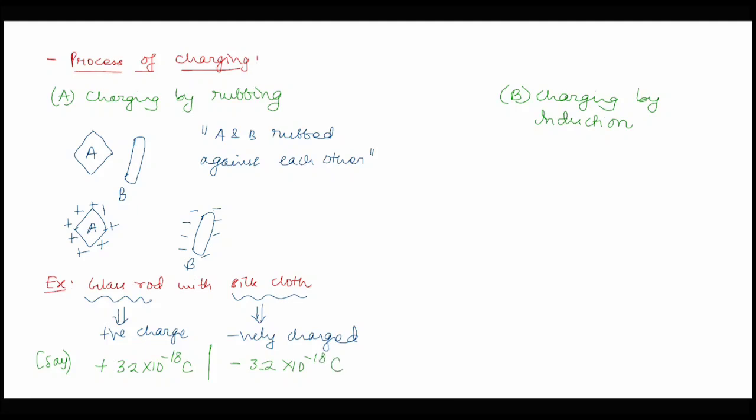So the electrons transferred from the glass rod will go to the silk cloth, and the glass rod will become positively charged and the silk cloth negatively charged.